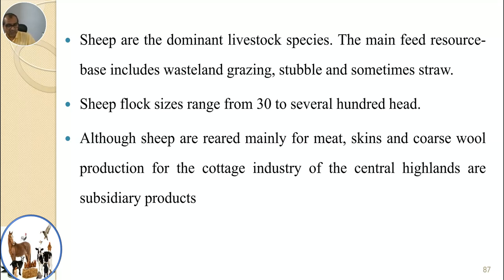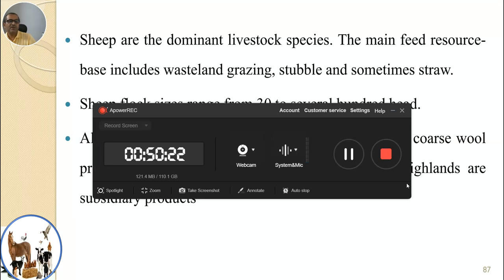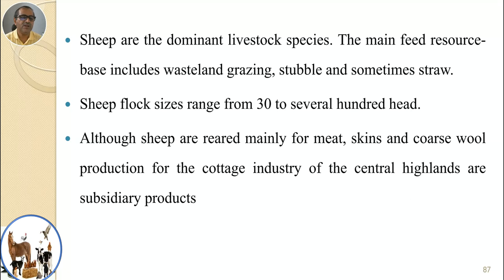So they are scavenging animals, which always survive on low quality fiber, and are reared mainly for meat, skin, and coarse wool production for the cottage industry. In the central highlands these are subsidiary or additional products. That's why they are called the poor man's cow.